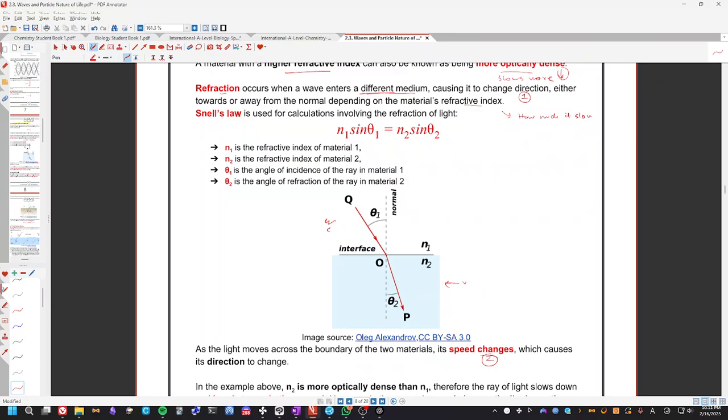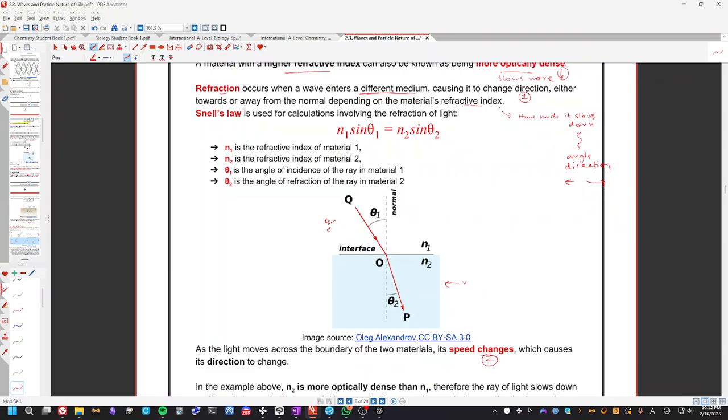And the amount slowed down depends on the angle or direction. There's 2 directions here. Is it going towards the normal or away from the normal? So you can say that depending on the refractive index, which is how much it slows it down, the direction in which the refracted ray will fall changes.